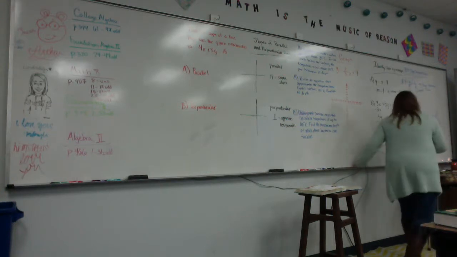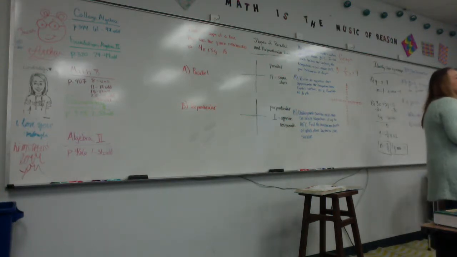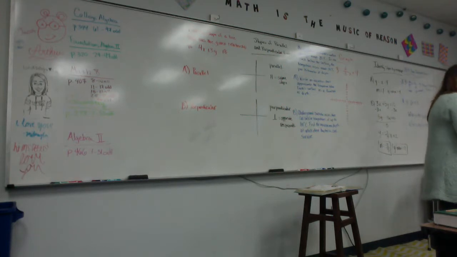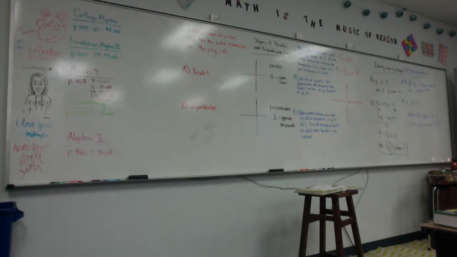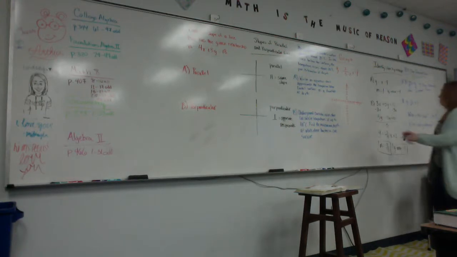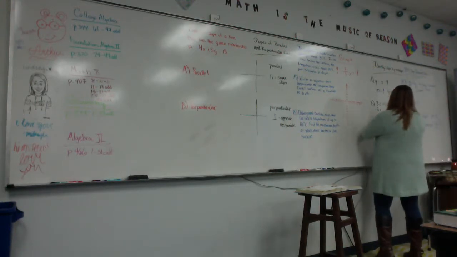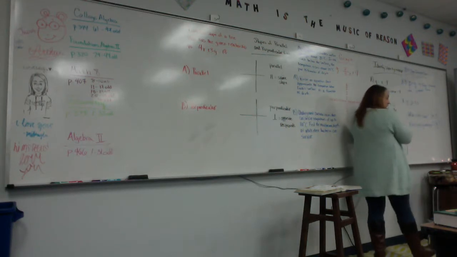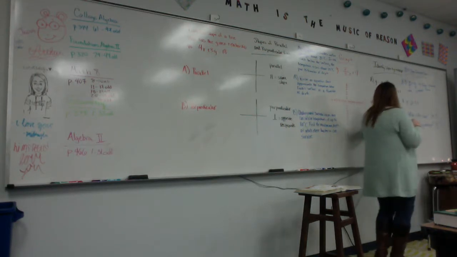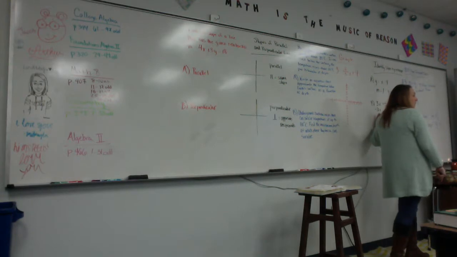Emma, you said you're confused? Okay. Listen. When it's not in y equals form, I first have to change it to that, which you guys have been doing, yes? I changed it to y equals form by subtracting 3x from both sides, so I get 5y equals negative 3x plus 10. To get y by itself, I have to divide by 5.